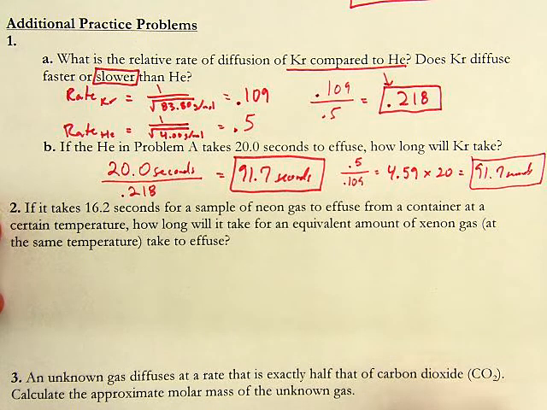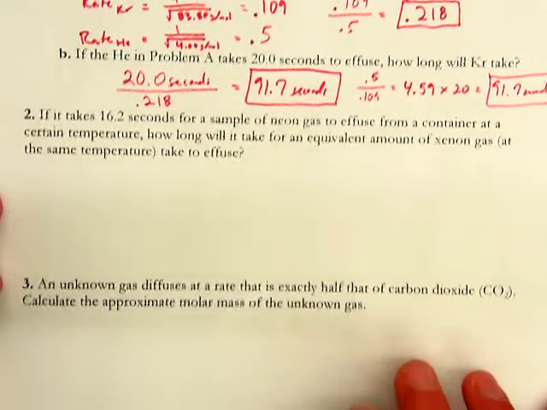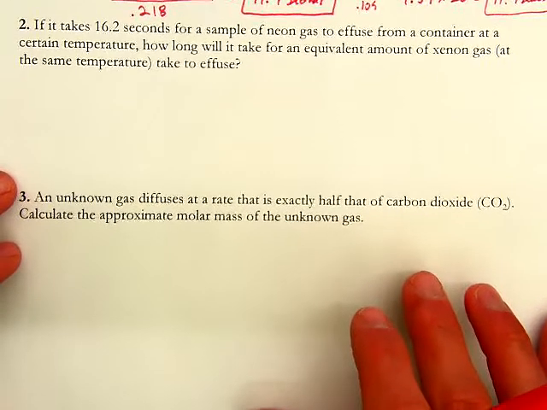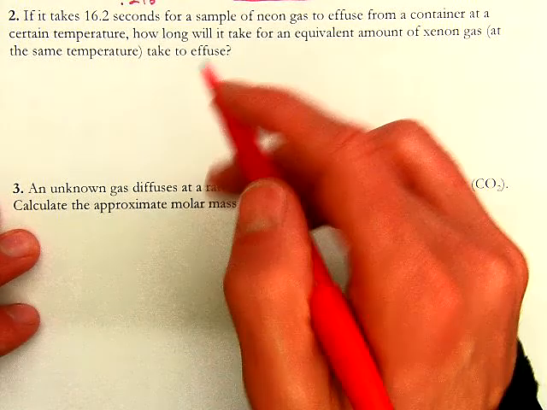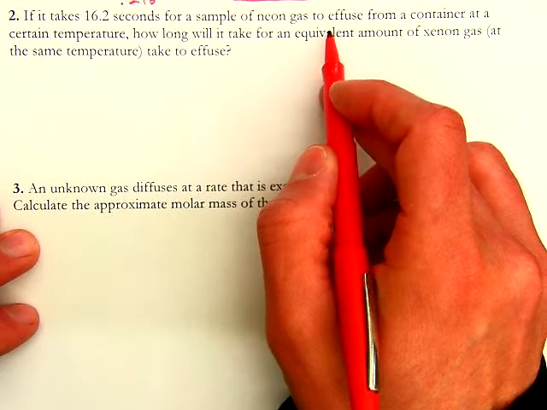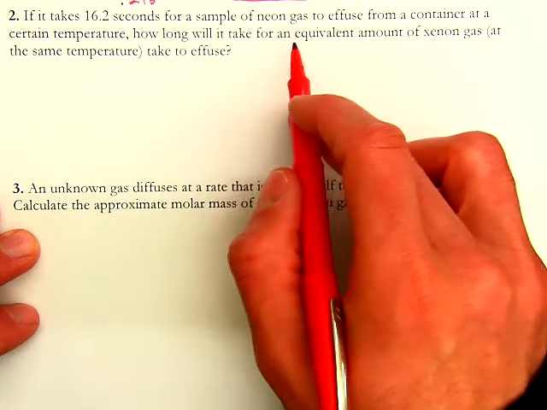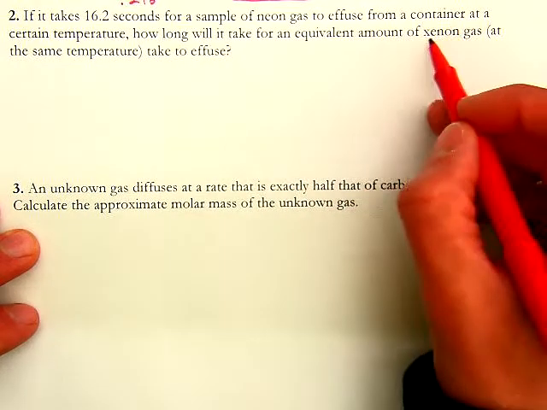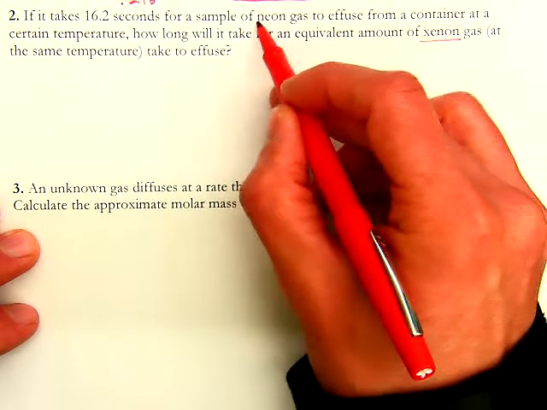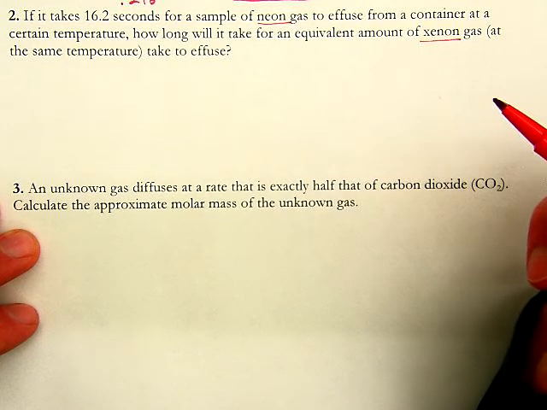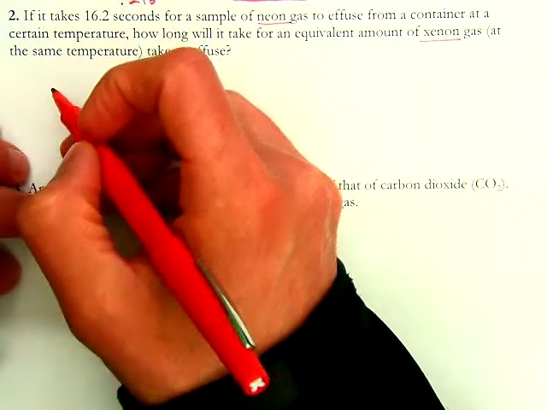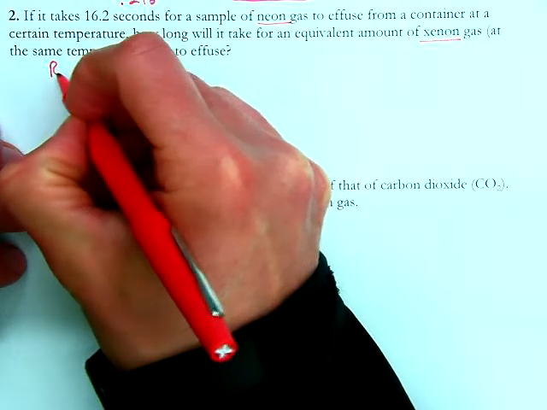So question number 2 says, if it takes 16.2 seconds for a sample of neon gas to effuse from a container at a certain temperature, how long will it take for an equivalent amount of xenon gas to effuse? So we have to do the same stuff as above here, okay?